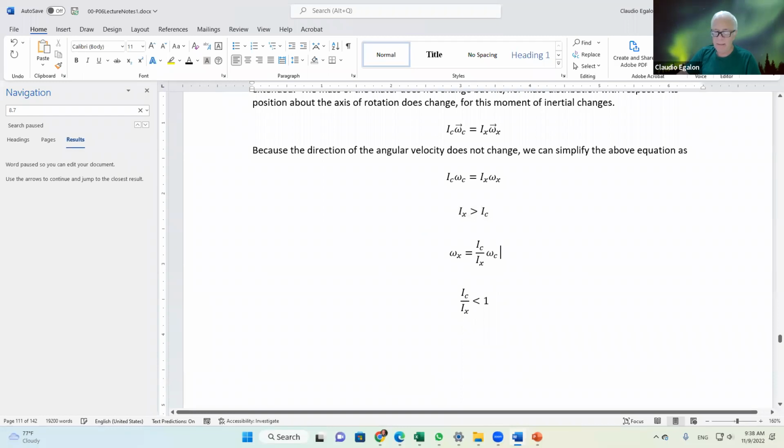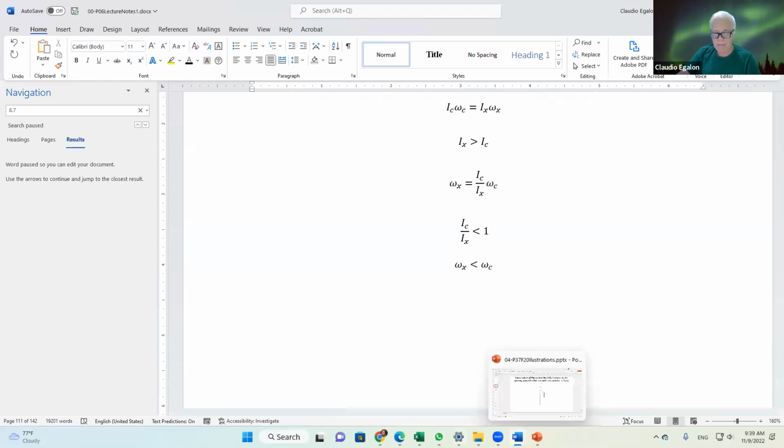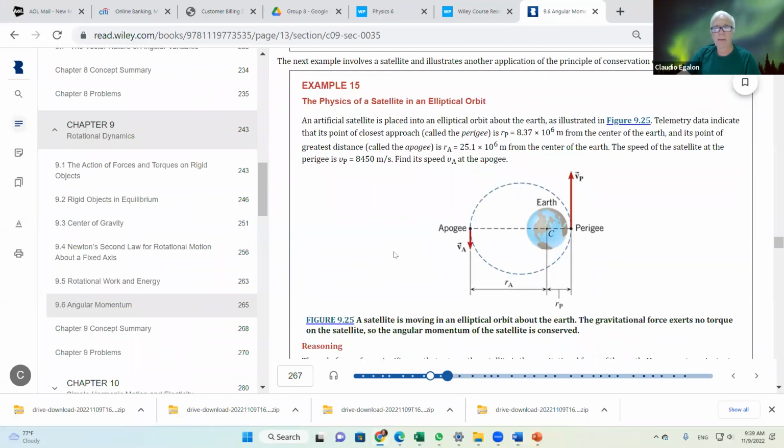What does it imply? It implies that angular velocity with the arms extended is less than angular velocity with the arms compressed. Okay? That's the explanation for that real life situation.